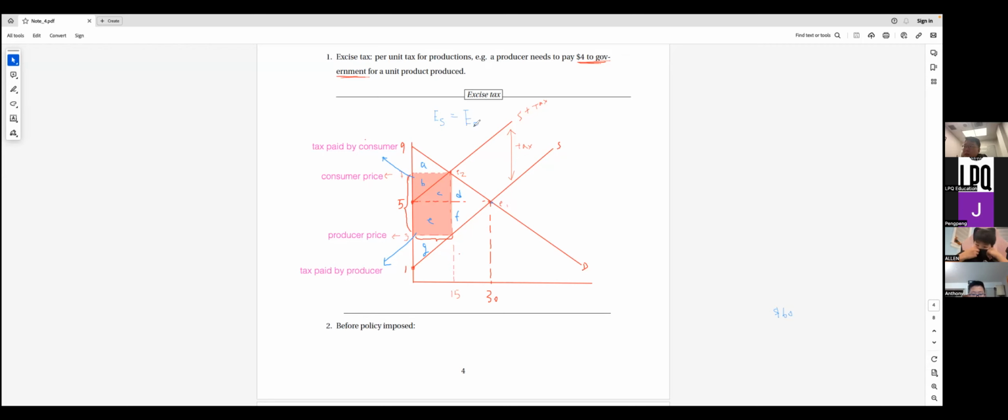The slope of either a demand curve or a supply curve actually represents the elasticity. It represents how sensitive either consumers or producers are to price change.